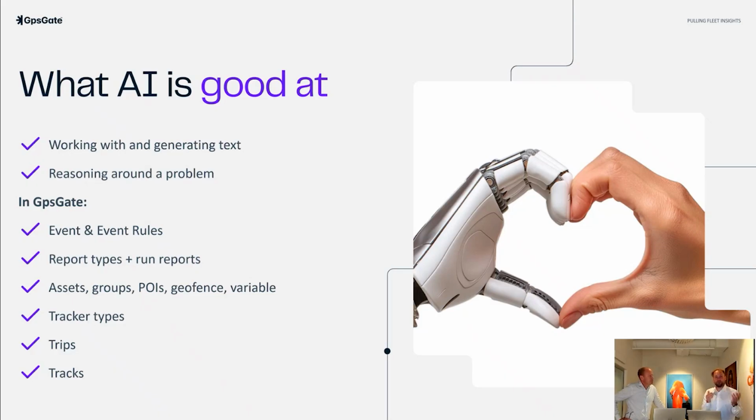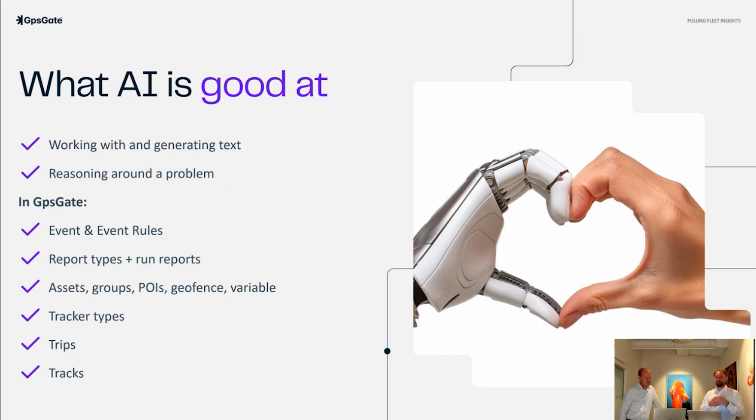So it can read events and what kind of event rules you have. It can check what reports and assets and points of interest and a whole lot of things. But this is mainly operational data that you have. It's not as much the configuration part of it, which we covered in the previous section.